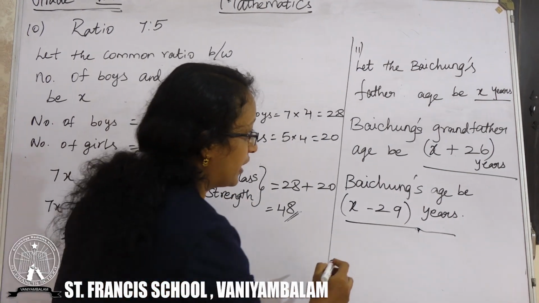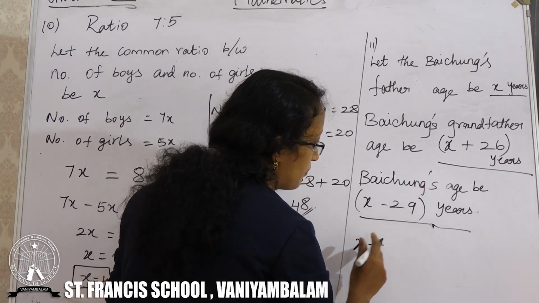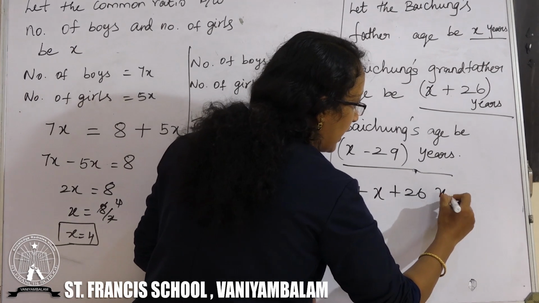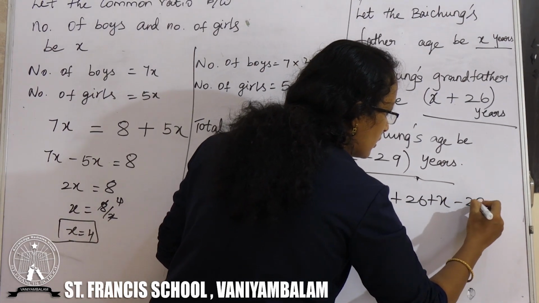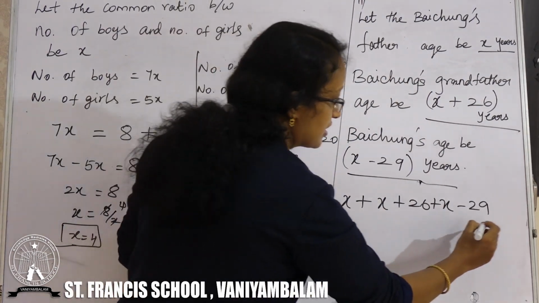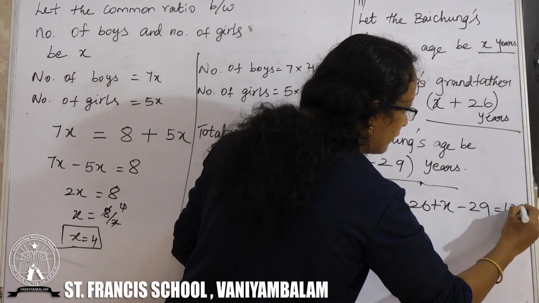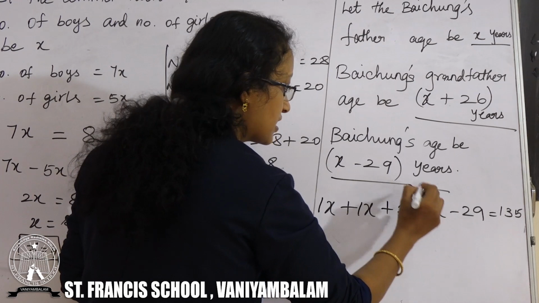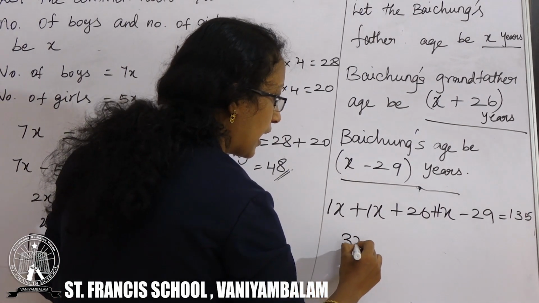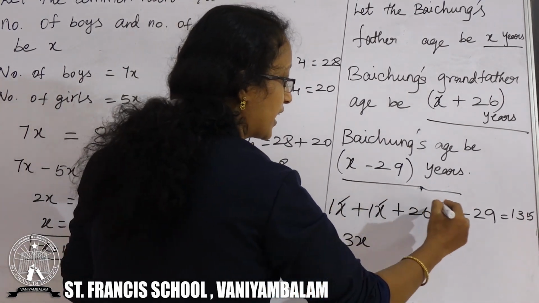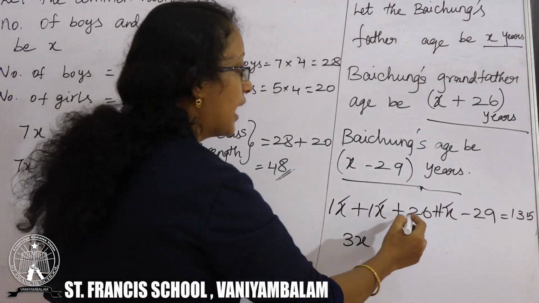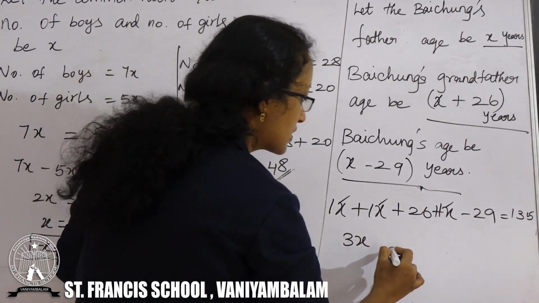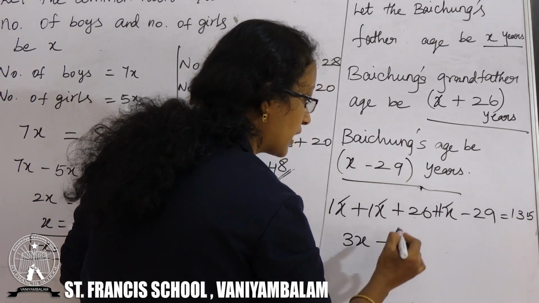It is given the sum of the ages is 135. So add all the ages: Baichung's father, Baichung's grandfather, and Baichung's age is 135. No coefficients, so consider it as 1. Add it. 1x plus 1x plus 1x is 3x. And plus 26 minus 29. Symbols are different, so subtract it. Put the greater number's symbol.